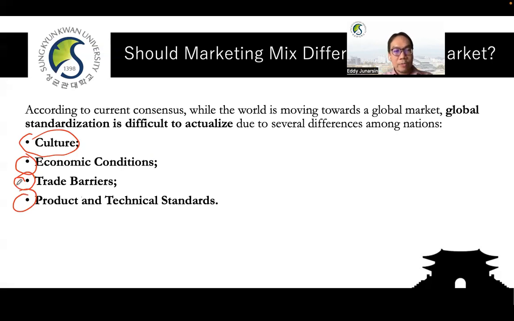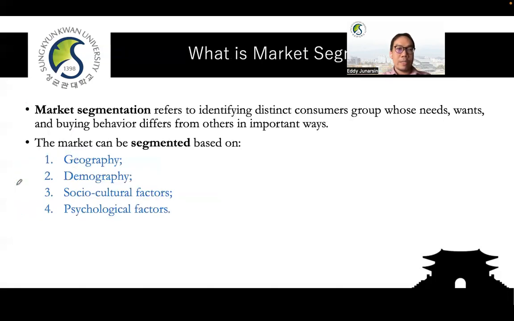So there are many factors. Of course, there are more than this, as it's by no means exhaustive, because we still have many other factors that could affect and determine the differentiation strategy of our marketing mix.